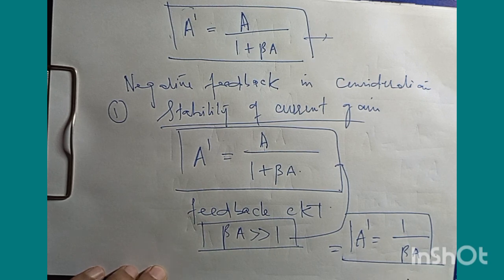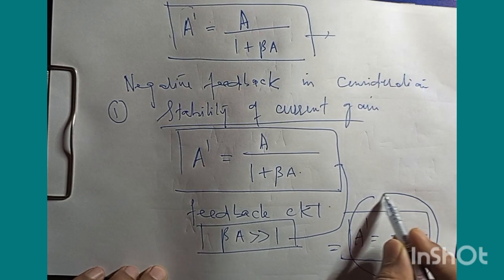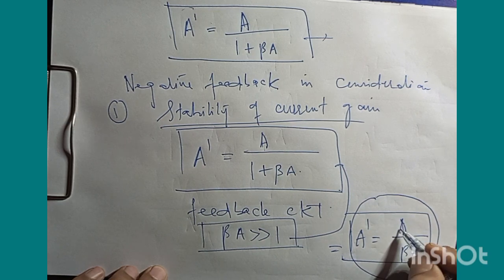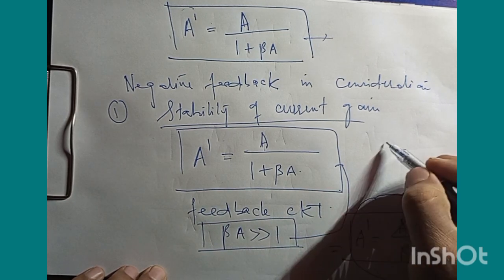So once we achieve this, we can understand from this equation that the gain of the amplifier is independent of A. So it simply depends on beta. And what is beta?